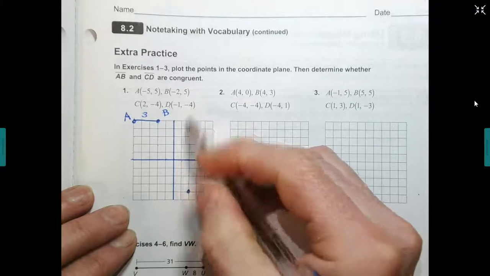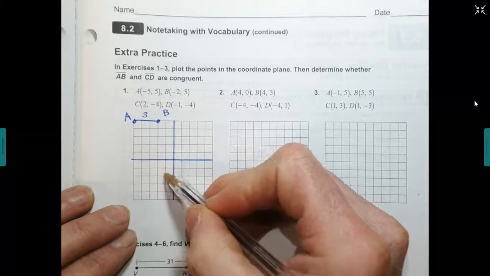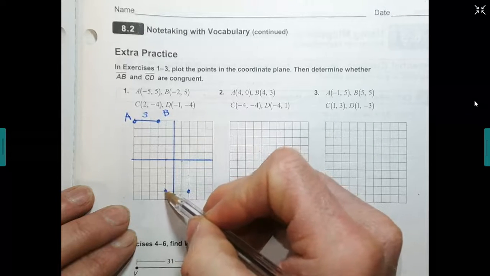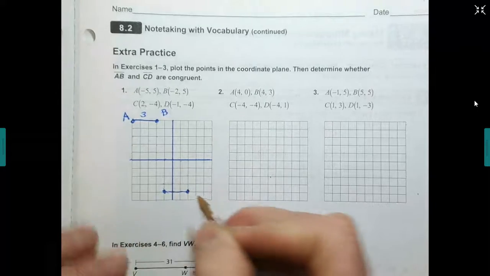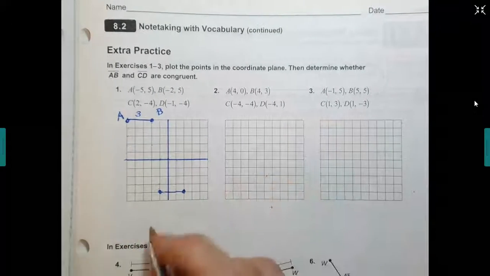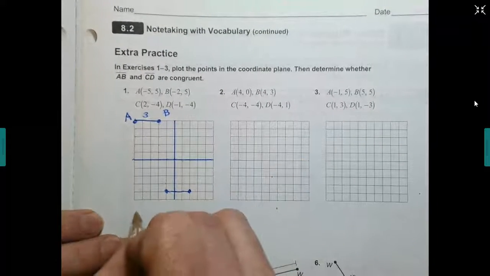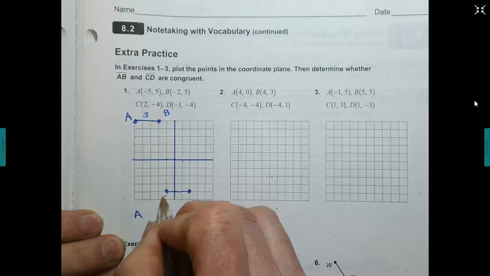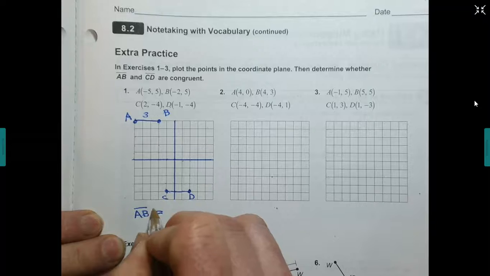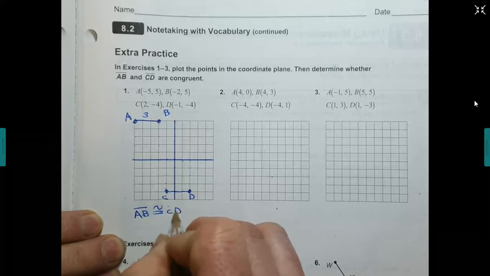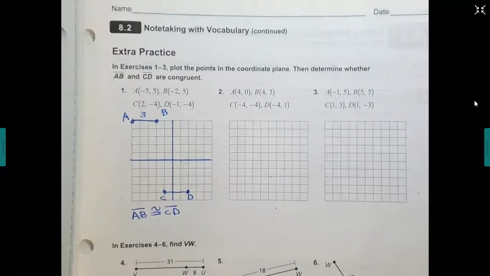Then I have negative 1, negative 4, 1, 2, 3, 4. So I have 1, 2, 3. So in fact, oops, this is C and D. So line segment AB is congruent to line segment CD.